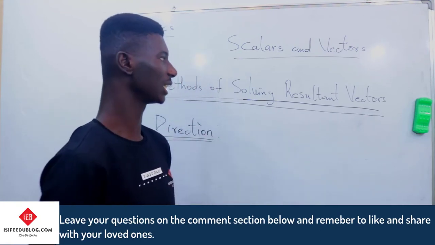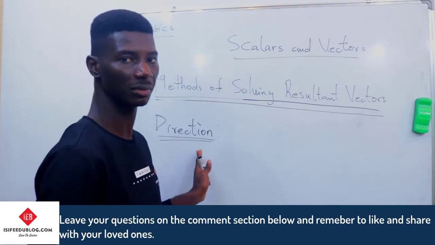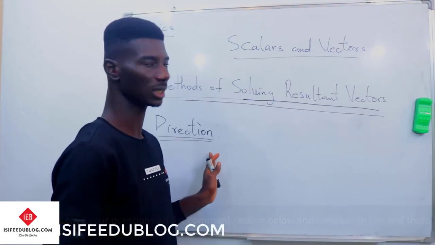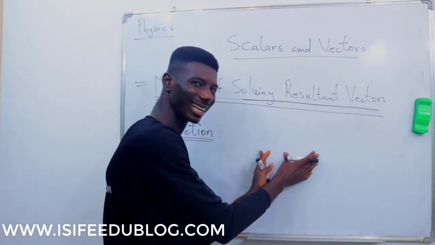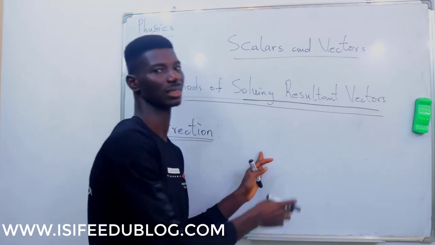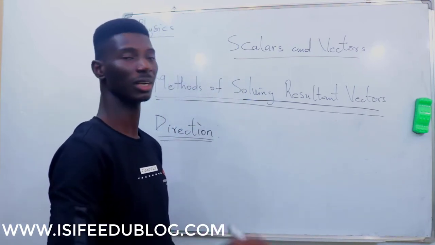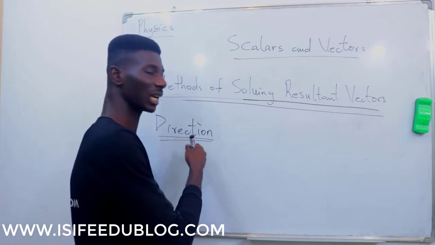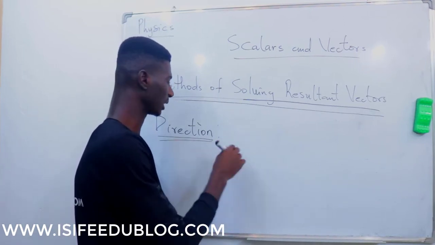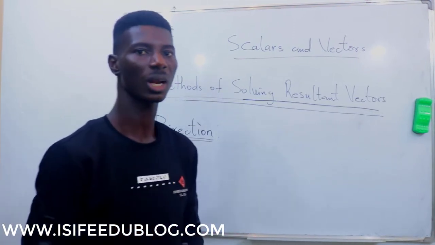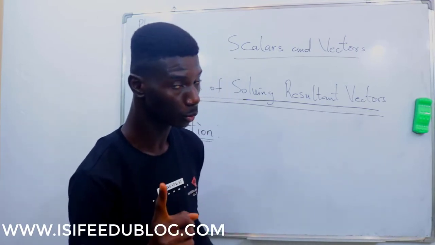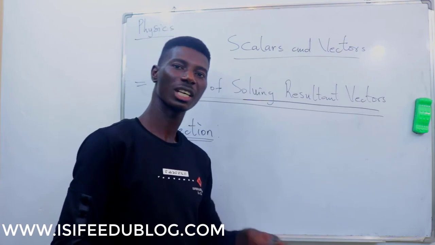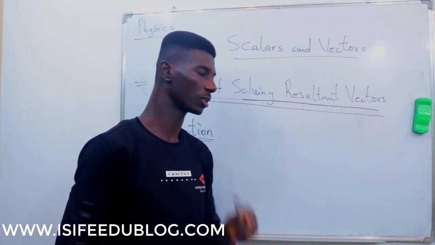When it is stipulated in the question that the direction must be given, you must put it down because you are solving for a vector. If you only get the answer alone for the resultant, that answer is just a magnitude. You have not finished the question, so you have to go and get the direction. The direction is the angle the resultant vector makes with the horizontal, not the vertical, but the horizontal axis.